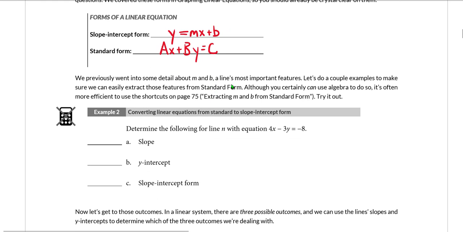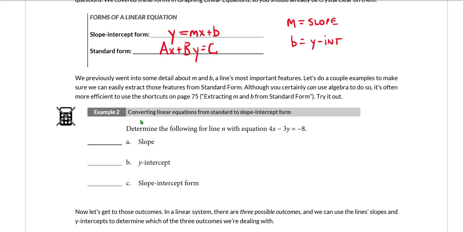In terms of m and b, we have gone over this already, and you should already know that m is the slope and b is the y-intercept. And indeed, when it comes to determining the outcome of a linear system, the slope and the y-intercept will play a huge role in determining the outcomes.